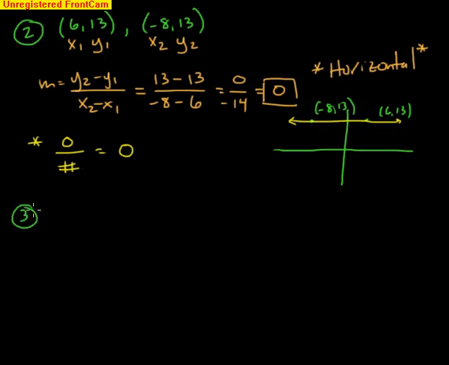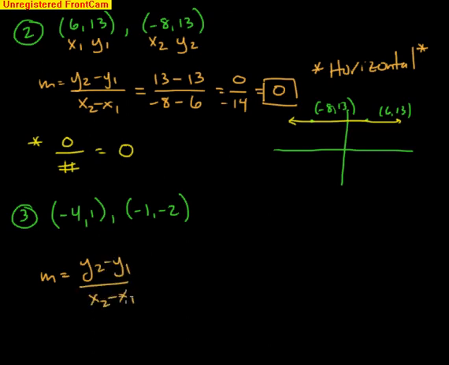Okay, third example. Take a look at these two. Let's do negative 4, 1, and negative 1, negative 2. Okay, so again, slope formula is m equals y2 minus y1 over x2 minus x1.